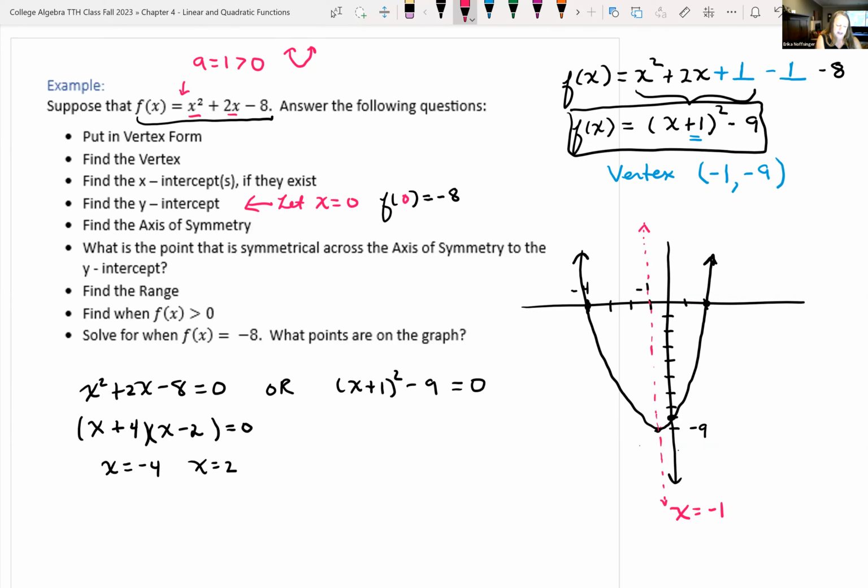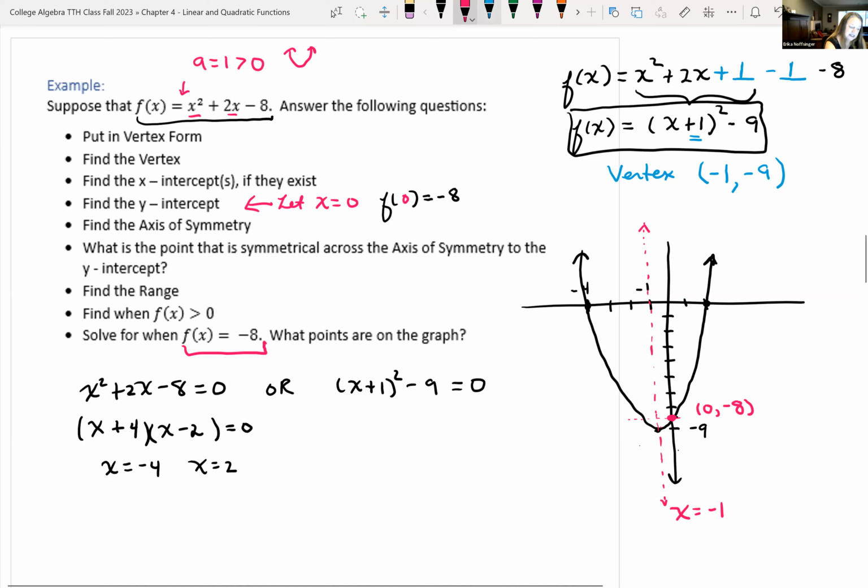What is the point that is symmetrical to this point here that we're crossing the y-axis, which is (0, -8)? Let's look at the distance, because it's symmetrical across this line x equals -1.